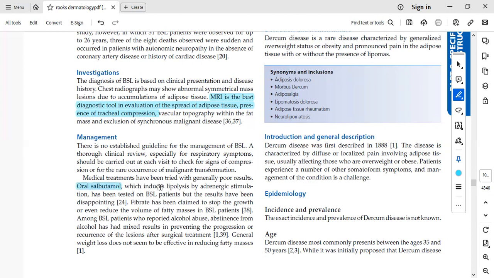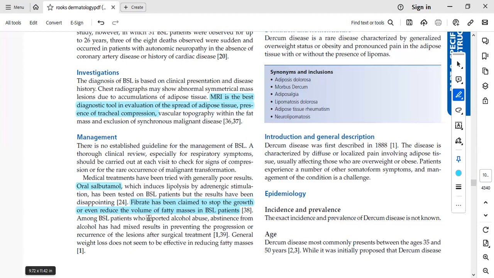It induces lipolysis by adrenergic stimulation and has been tested on BSL patients, but the results have been disappointing. And fibrates have been claimed to stop the growth or even reduce the volume of fatty masses in BSL patients. So the second medical treatment is fibrates.